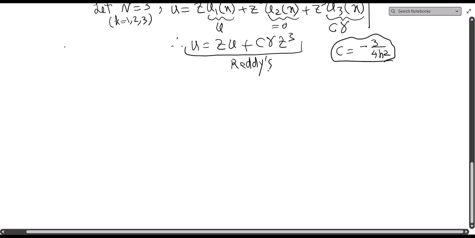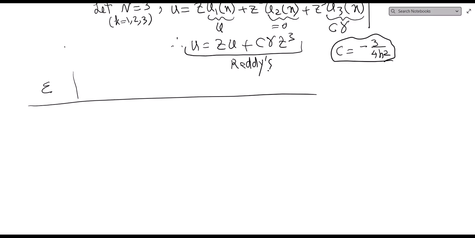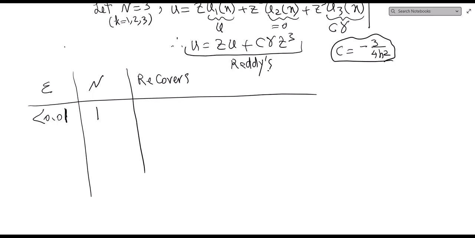If you have a very slender beam, let's say epsilon, let's give it some values here, let's say epsilon less than 0.01, so basically the height or the cross-section dimension is about 1% of the length. Then you have a very slender beam, so n is good to have as 1, and that will recover the Euler-Bernoulli beam theory.